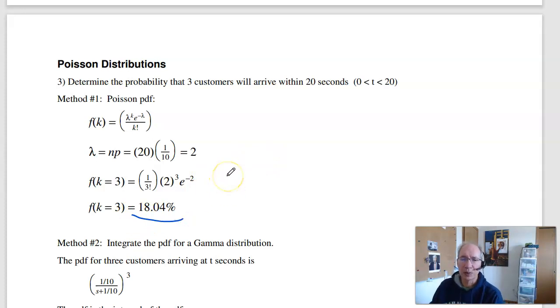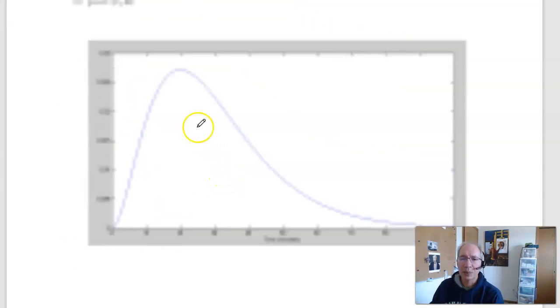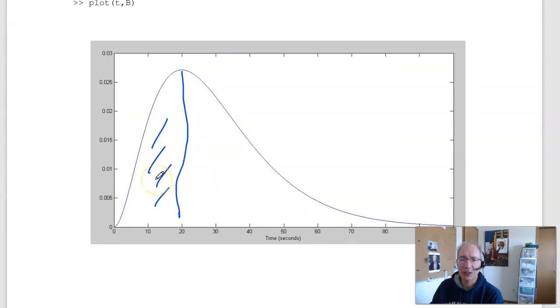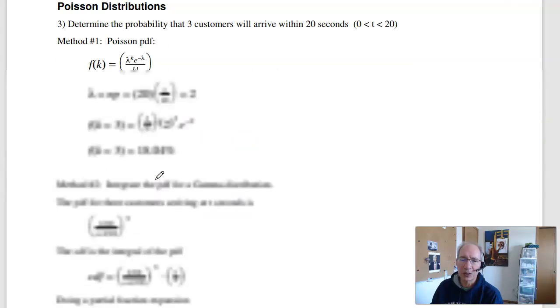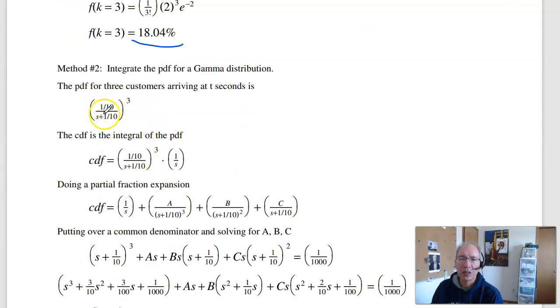That's one approach. The second approach is integrate this out to 20. I can use numerical methods. I could use Laplace transforms. Using Laplace transforms, here's the PDF. If I integrate, I get the CDF.